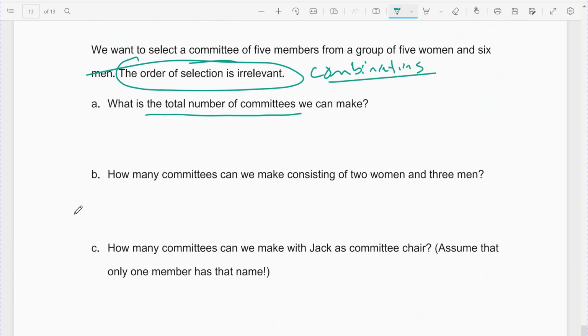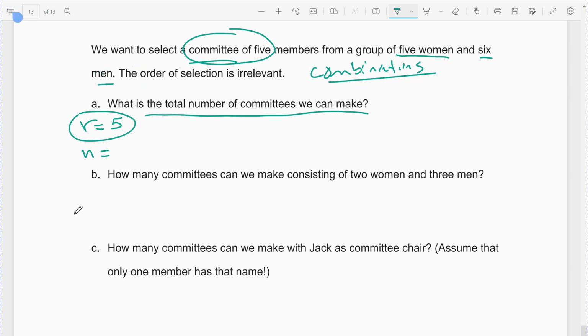Alright, what is the total number of committees? So this is my total in my group. We want a committee of 5, so that's how many we're picking. So r is 5. We're choosing 5. How many people do we have to choose from? So what's n? We're picking members from a group of 5 women and 6 men.